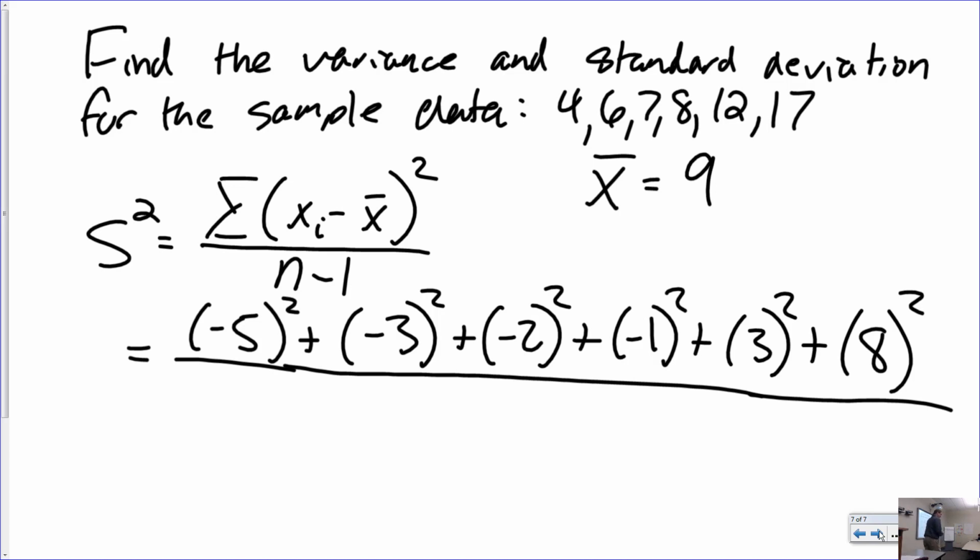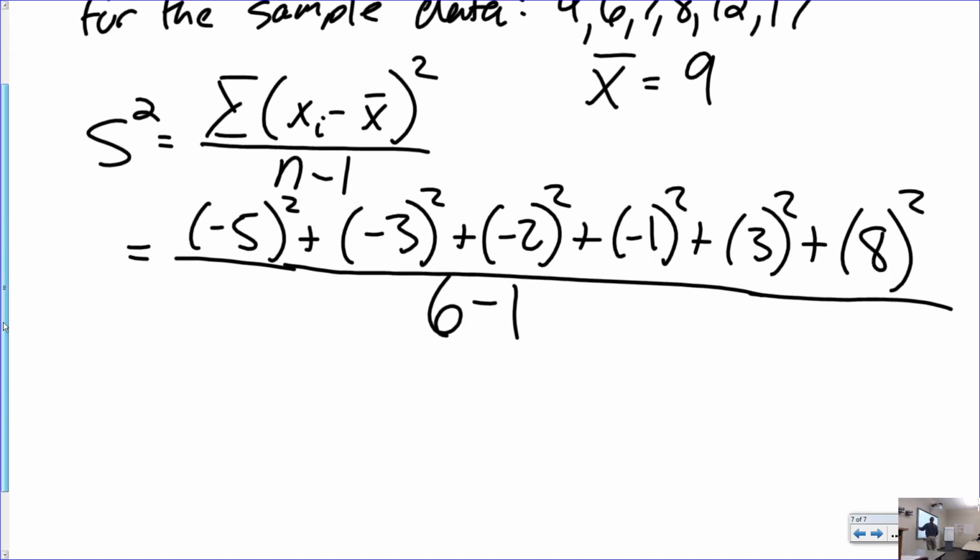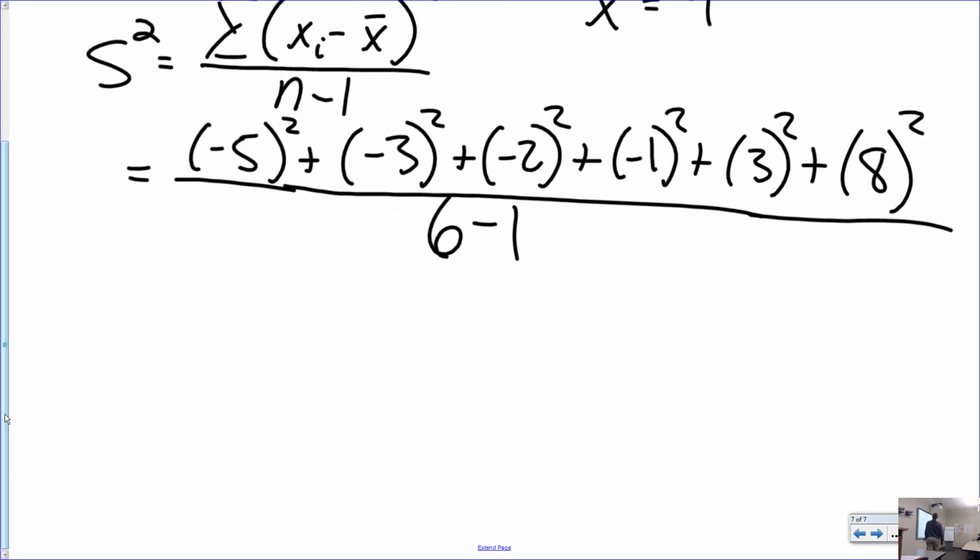And what am I going to divide by? How many numbers are there? So what is negative 5 squared?